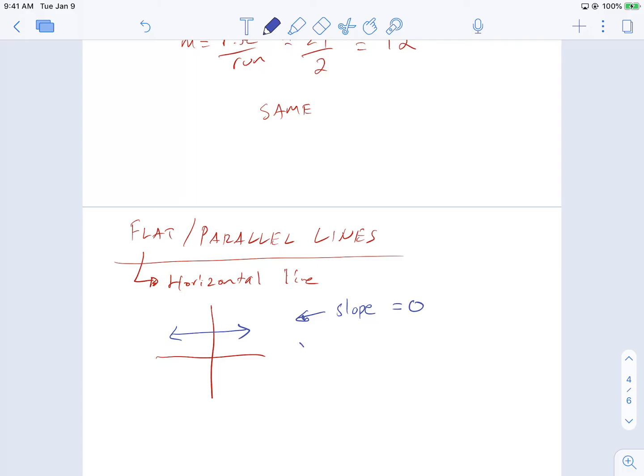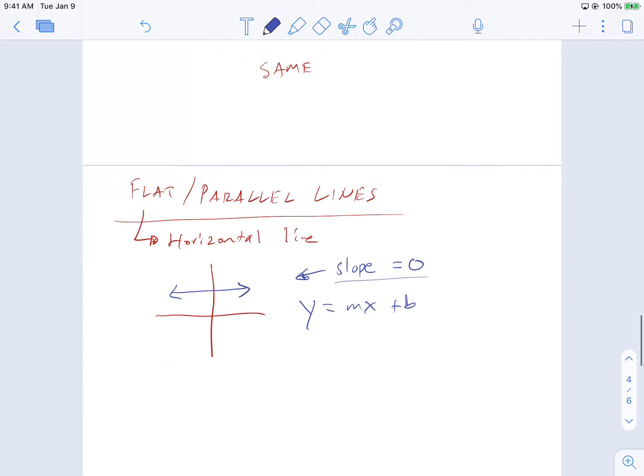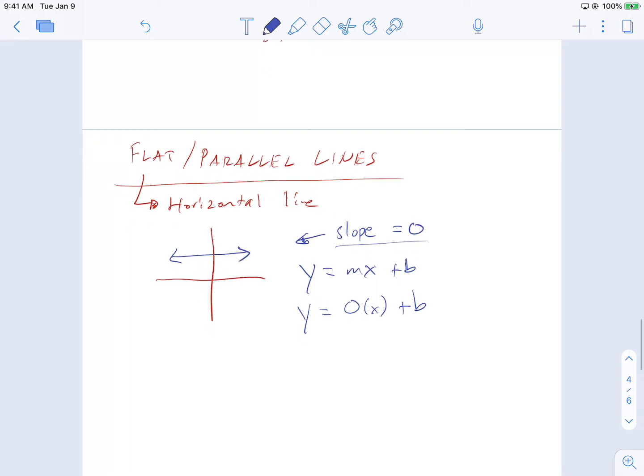So if I want to come up with an equation for that line, we know the equations are y equals mx plus b, but this slope being 0 really makes this very easy for me. I can say y equals mx plus b, but my slope is 0, so it's going to be 0 times x plus b. And if you have anything times 0, it just goes away, so you end up with just y equals b.